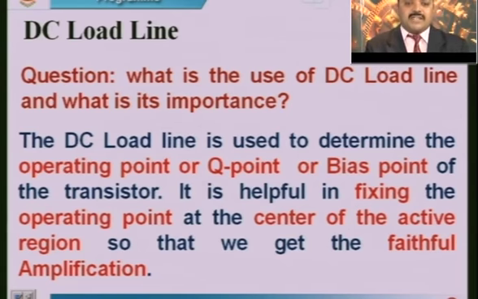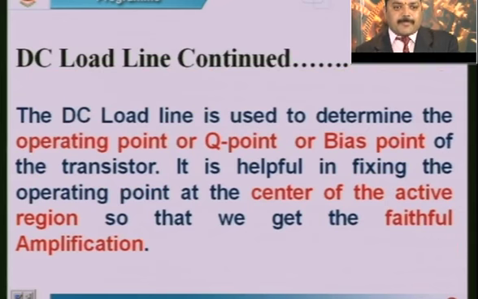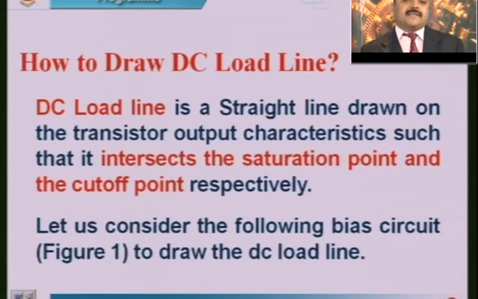We need to operate the BJT at the center of the active region. We do that by using the DC load line, for getting faithful amplification. Next, let us move to the next slide.